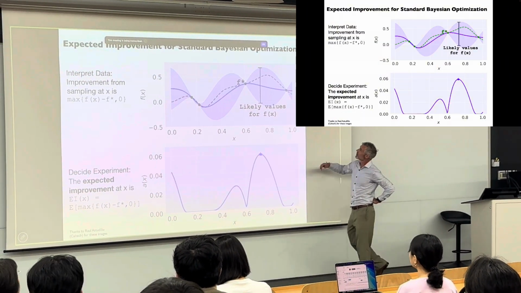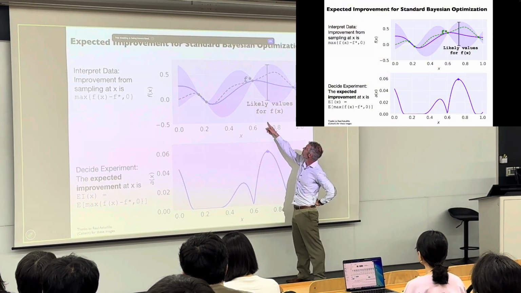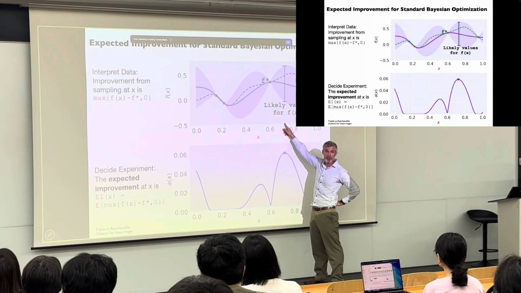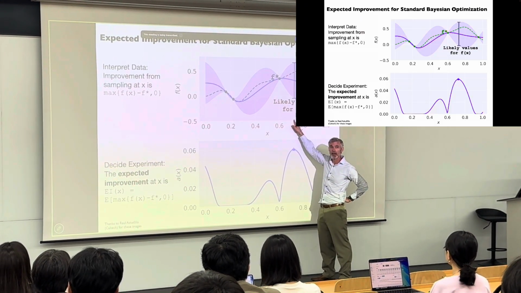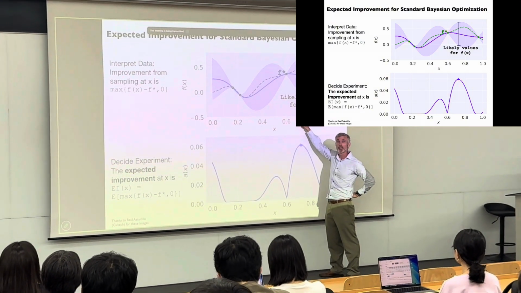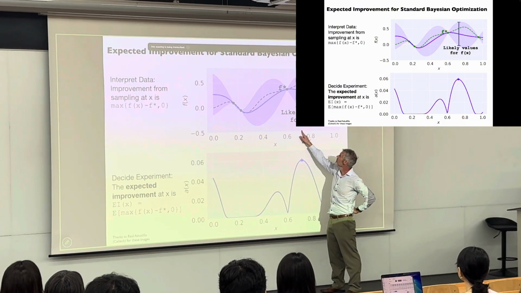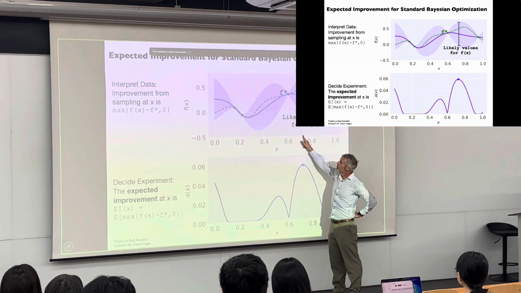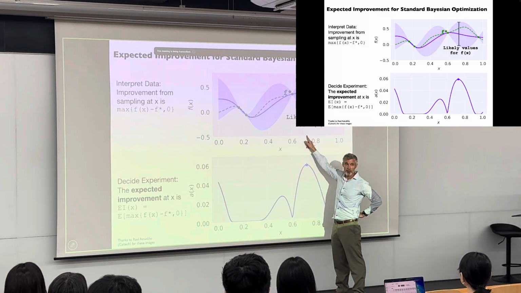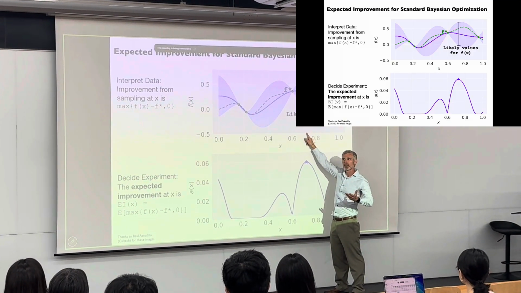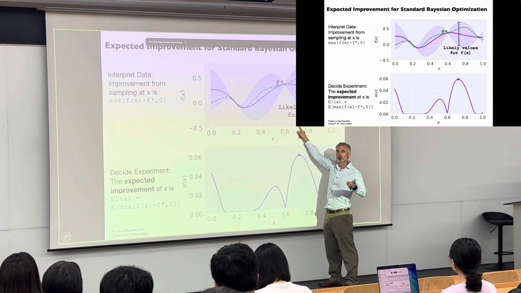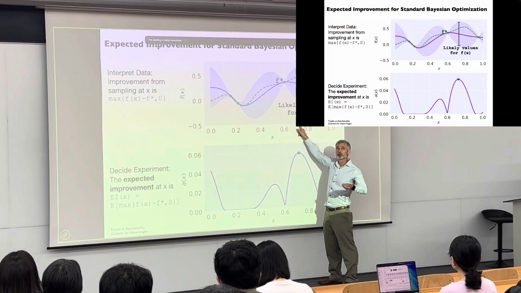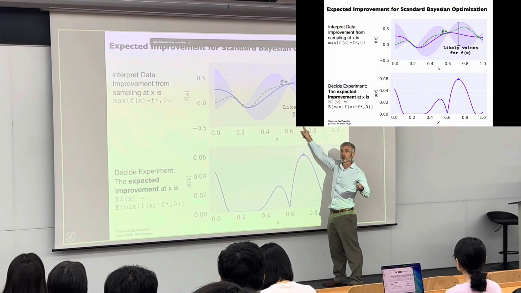So think about this particular point x. We have an estimate for the objective function shown in the solid blue, and we have a shaded region which quantifies uncertainty. And what the statistical method is really doing at that position is giving a probability distribution for the true value of the function at that point.